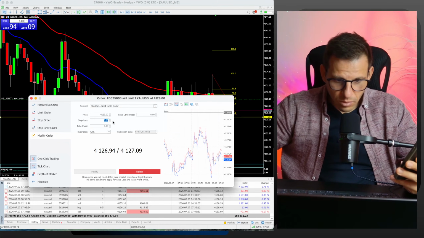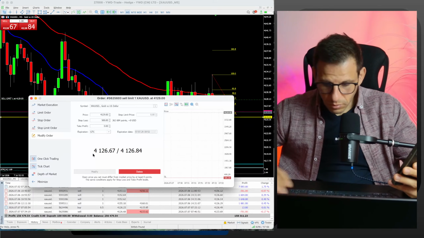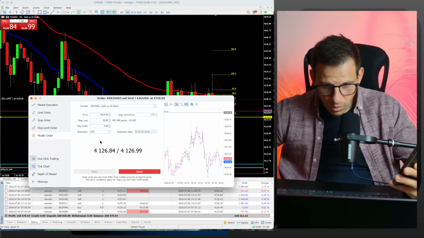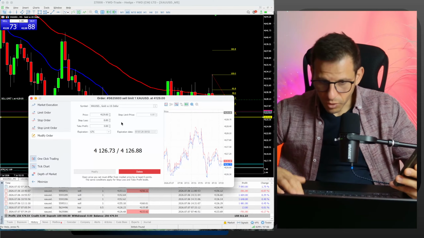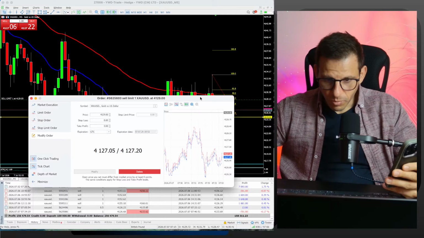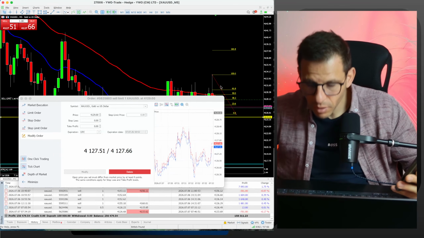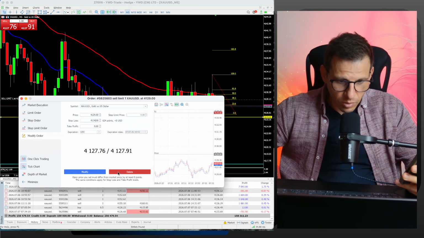So for stop loss we have to put the price, which is going to be 41.34.